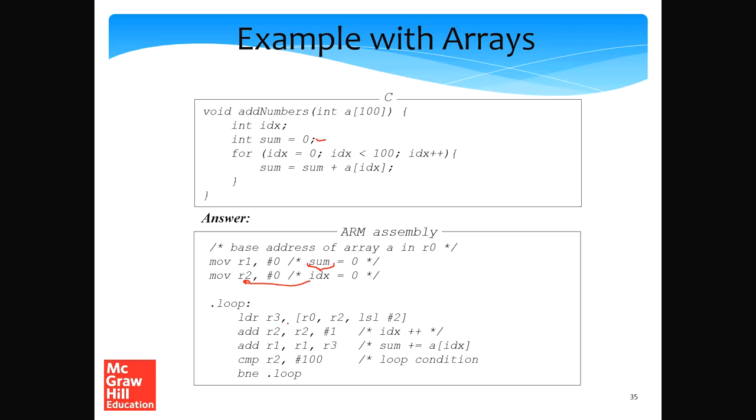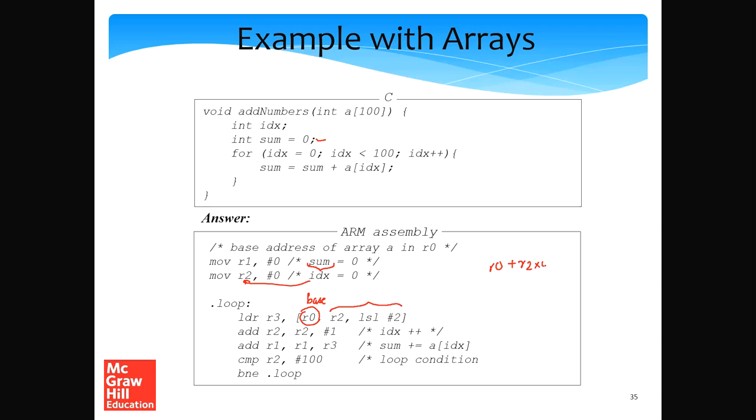So the first thing that we do is that we need to load from memory the value of the first array element. This can be done very easily. Since we assume that the base address of the array is in R0, we use this as the base register. Then we use a shifter operand where R2 is the index, and we essentially compute R0 plus R2 times 4.